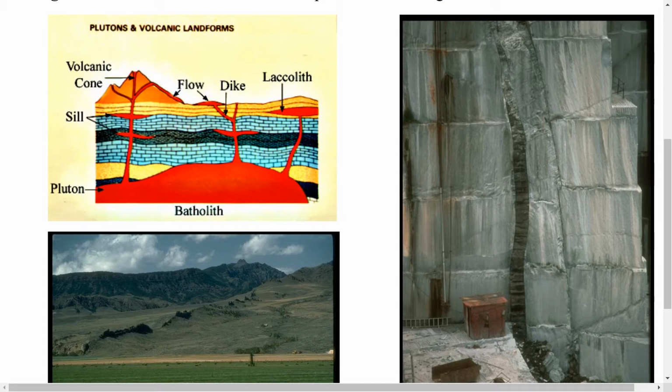Some formations have such a high pore pressure, and they may have events of high pore pressure, that the pore pressure gets to the value of the minimum principal stress, and the sediment, especially sands, behaves as a quicksand. It's not like a solid anymore, it's like a quicksand, and it can flow similar to magma, and that forms, instead of these magmatic dikes and sills, sedimentary dikes and sills.